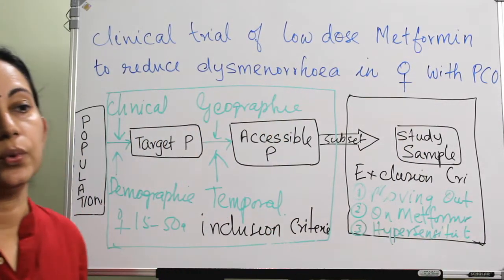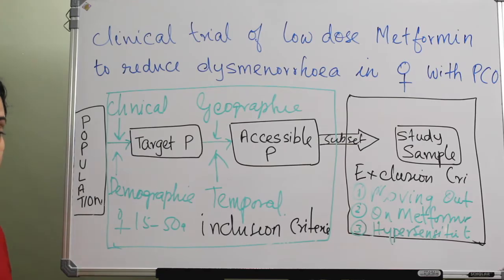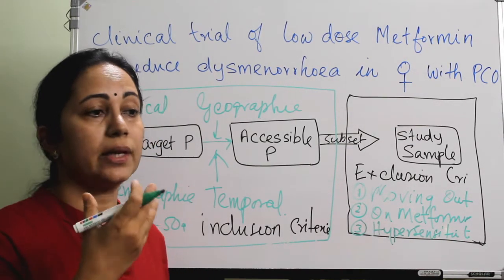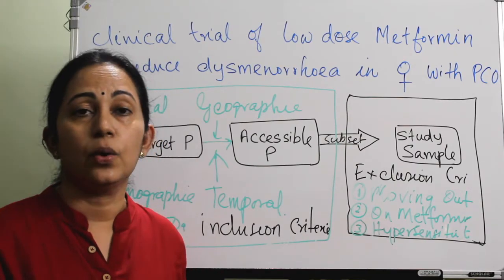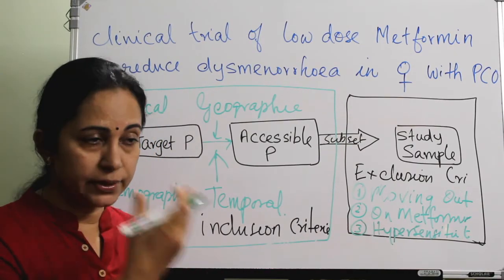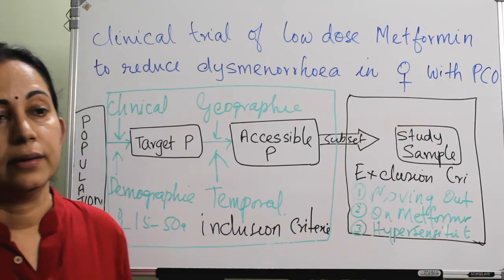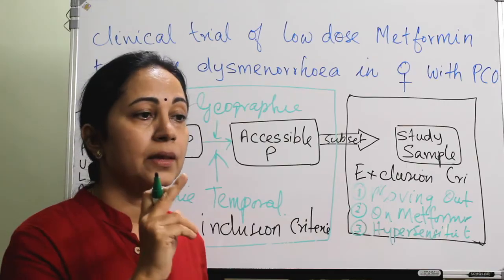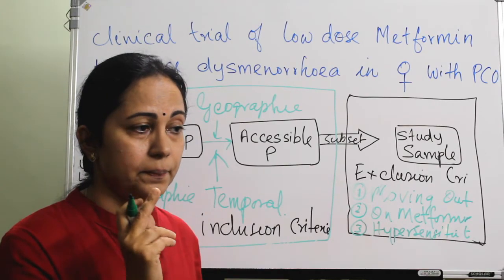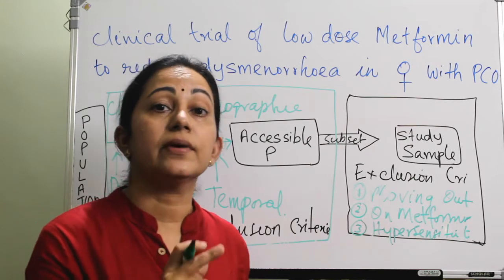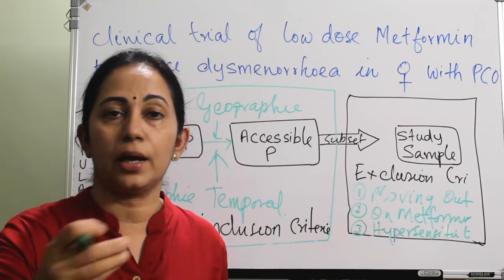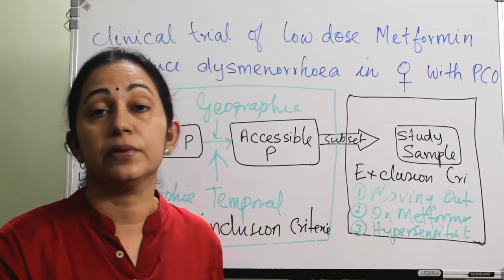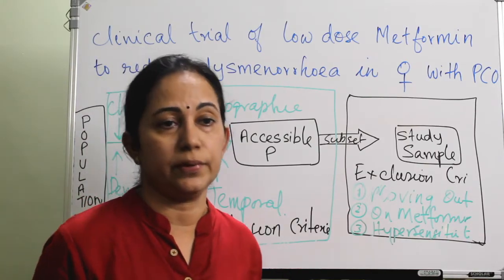So this is how you have to write the exclusion criteria. That may affect your follow-up, or that may affect the quality of your data, or that may affect, if it is in a clinical trial, the randomization, and also if it affects the treatment. There comes the patient who is not willing to give consent. If in a clinical trial you are allocating to some group and going to start some particular treatment, if the patient is not willing, he is excluded from the study.